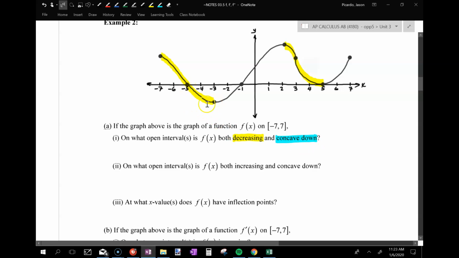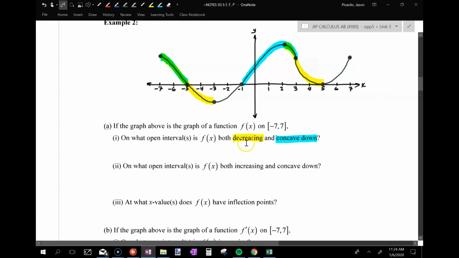But where does it look like the inflection point is? At this -5, yeah. So I would suggest that, yep, that part's concave down. This all looks like a cup until you get to here where it looks like a frown. And this all looks like a cup, right?